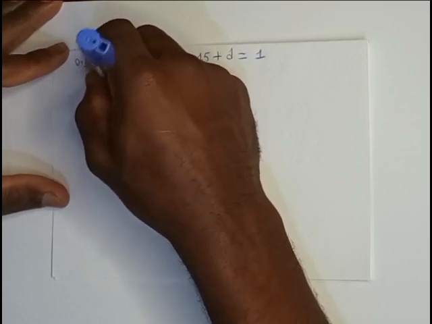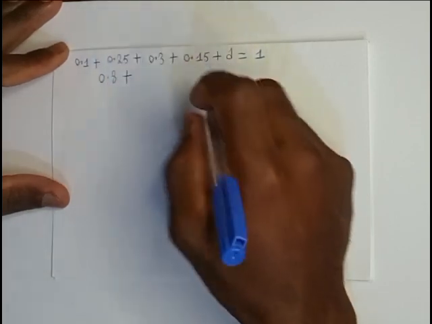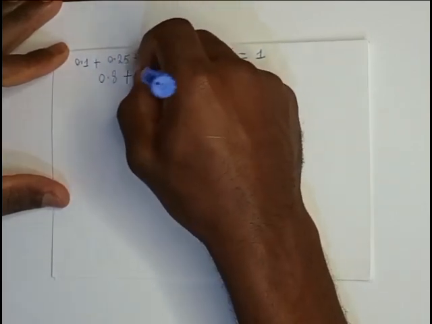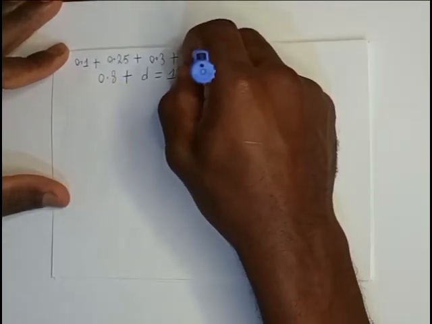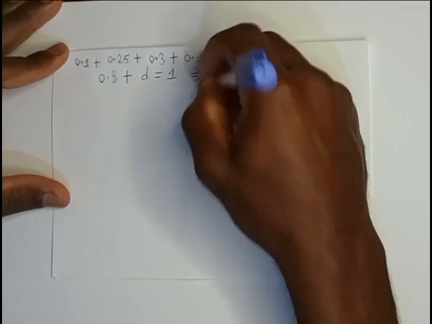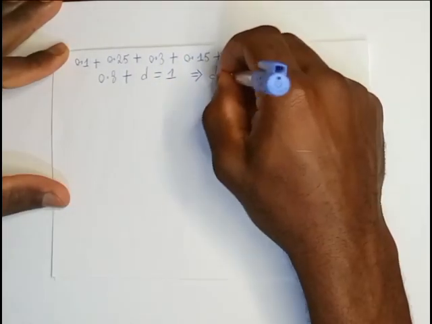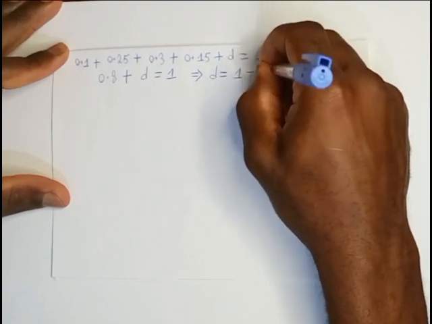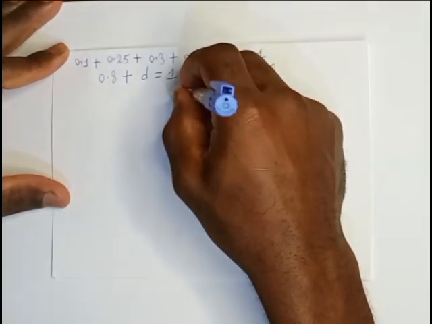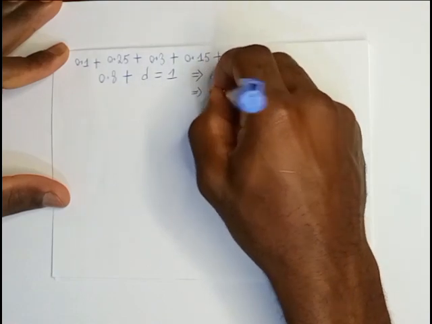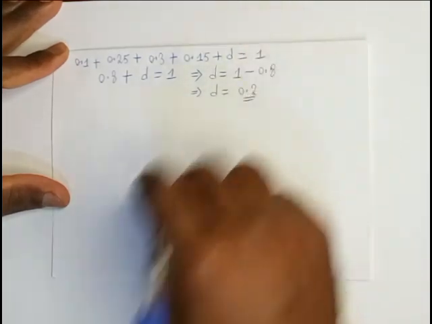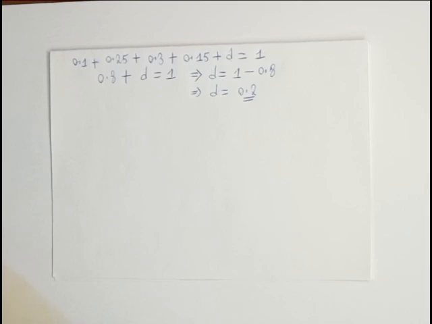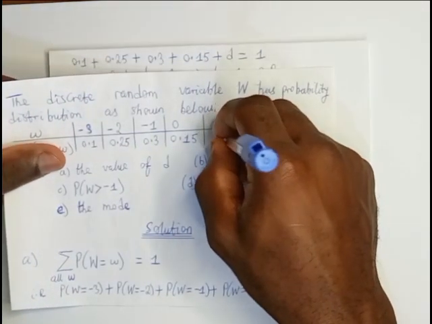Write down 0.8 plus D, which we are looking for, is equal to 1. Then D will simply be equal to 1 minus 0.8. This will give us D to be equal to 0.2. Here we indicate D is simply equal to 0.2.